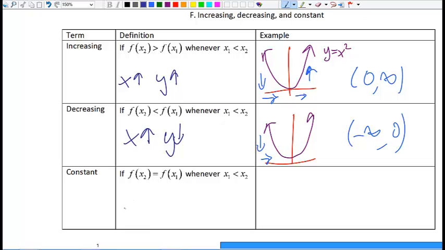Now, constant simply means that as x increases, y's stay the same. There is no improvement or increase in y. I'm going to illustrate this with a piecewise graph. I'm just going to manufacture some points here.